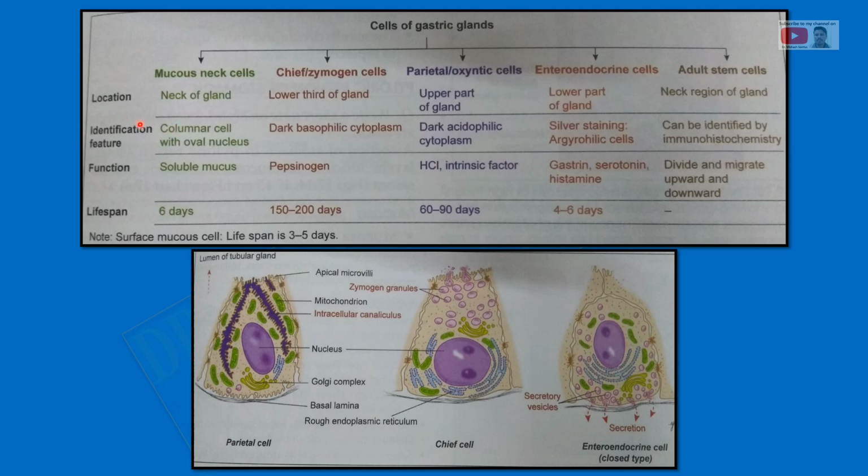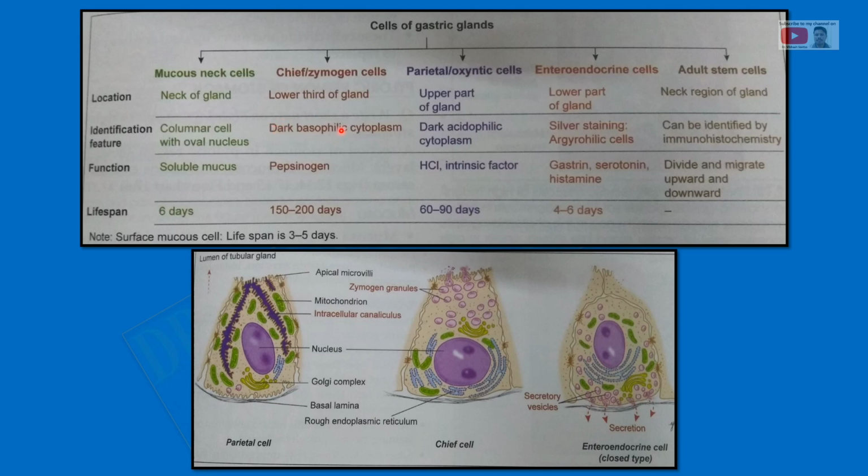And if we are talking about the identification features, the mucus or neck cells are columnar cells with oval nuclei, as we have already discussed in our previous slide. The chief and zymogen cells are dark basophilic cytoplasmic cells. Here this is the chief cells. Then the parietal or oxyntic cells also have dark, acidophilic cytoplasm.